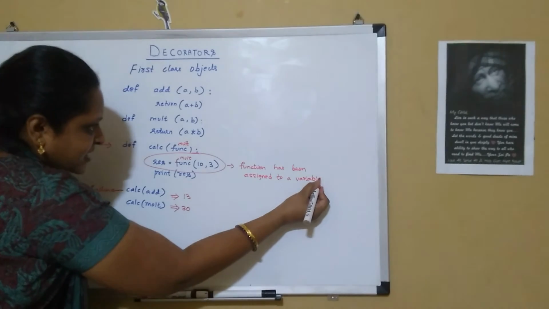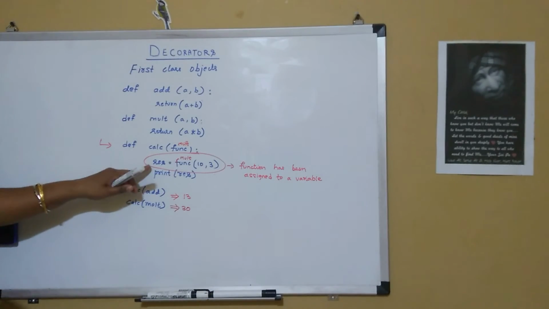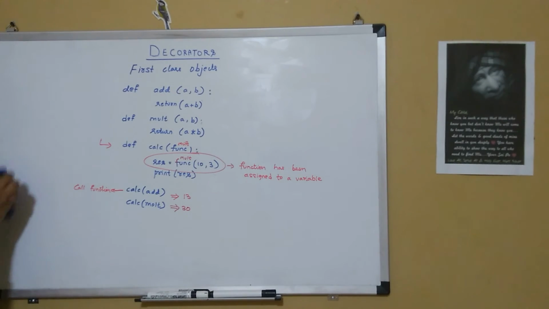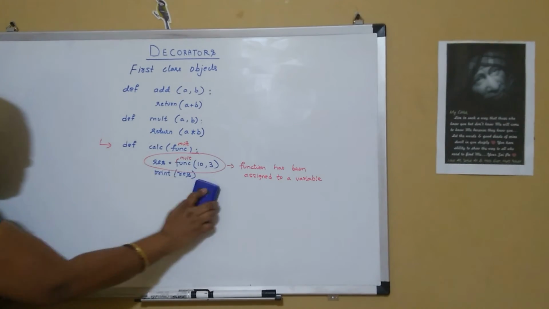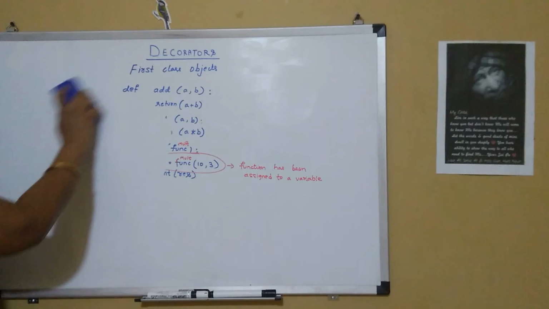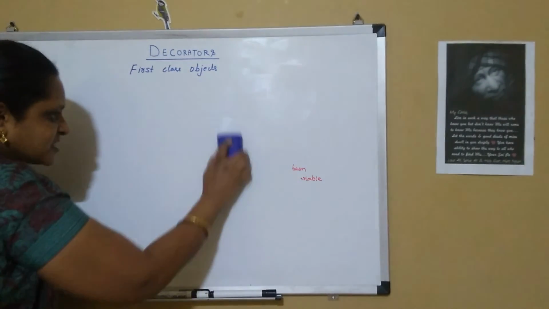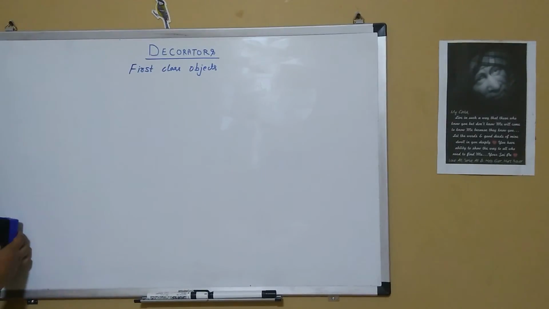So we can say that we can assign a function to a variable, so it comes under the first class objects. So hope, friends, we covered 2 points, that is function behaves as an object like int or list. It can be assigned to a variable and we can pass a function as an argument to another function.